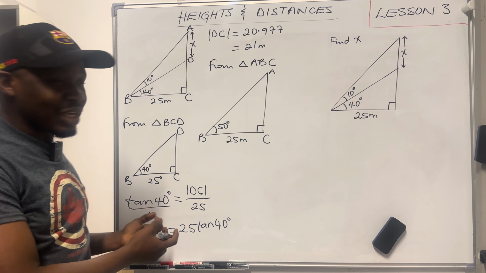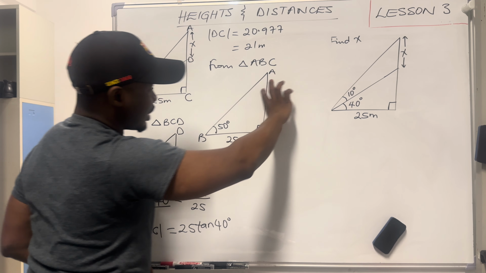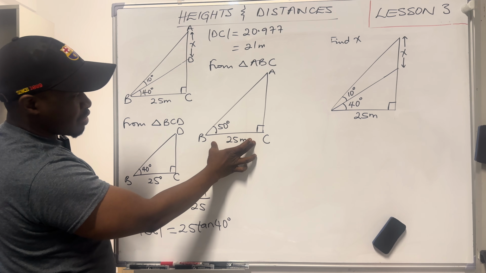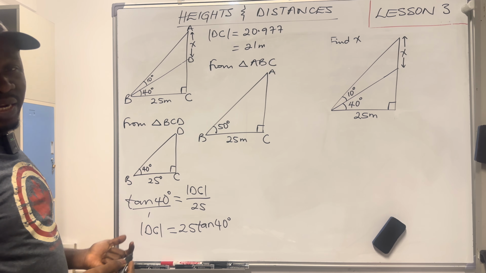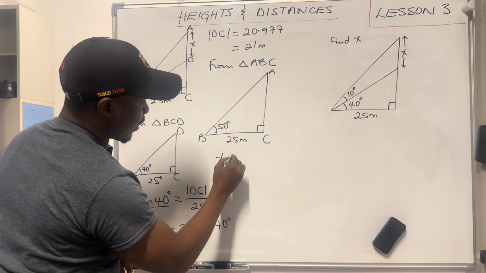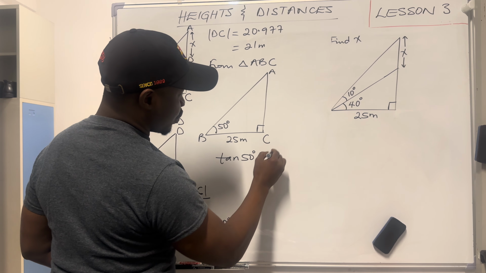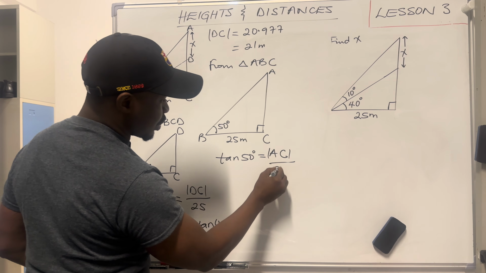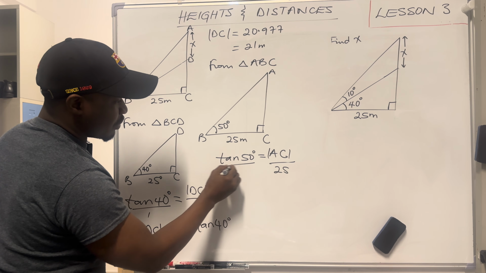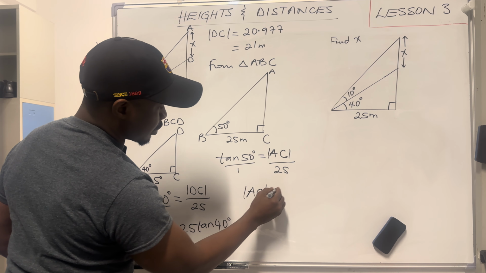So we are lucky that we are coming to use the same thing, because this is the opposite facing the given angle, and the adjacent is between the given angle and the right angle. So we are using tan again. So we say tan 50 is equal to the opposite, which is AC, over the adjacent, which is 25. We give this 1. 1 times AC is AC.